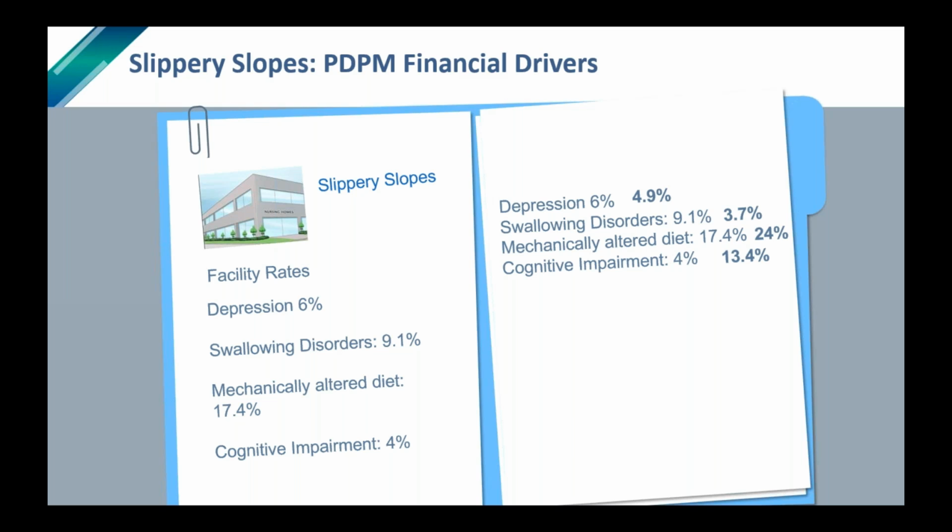So either you've got a significantly different resident population, or there is an assessment issue.